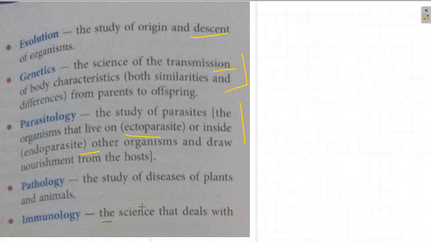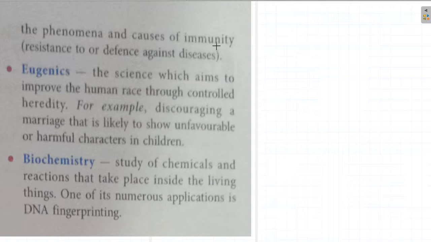Immunology, that name defines the study that deals with or is related to the phenomenon and causes of immunity, right. Resistance to immunity means defense against the diseases, right. Next is eugenics, the science which aims to improve the human race through a controlled heredity, like discouraging a marriage that is likely to show unfavorable or harmful characters in the children.